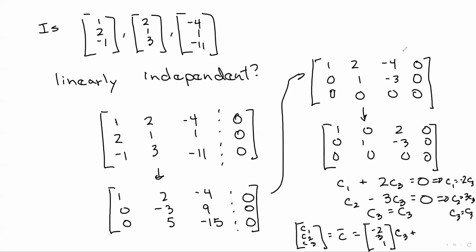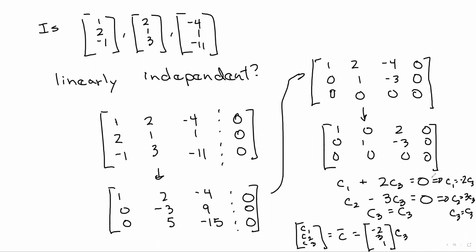There's nothing else there. So this is saying that our C vector equals -2 times C3 for the first component, 3 times C3 for the second, 1 times C3 for the third. And we have infinite solutions, right? Anytime you get an all 0 row like that, we've got infinite solutions.